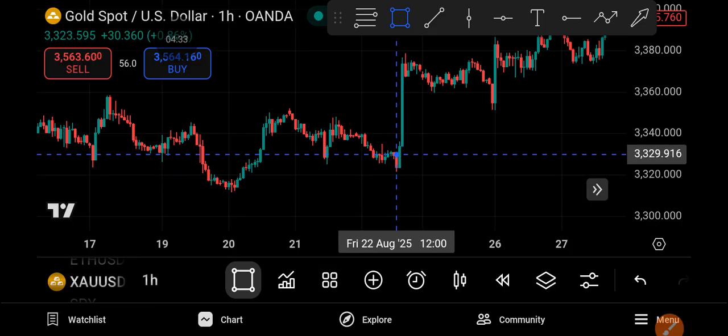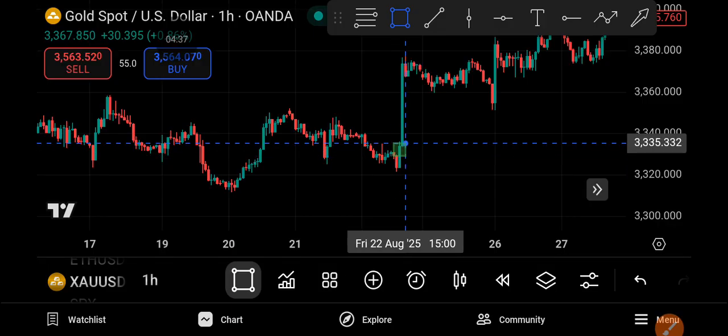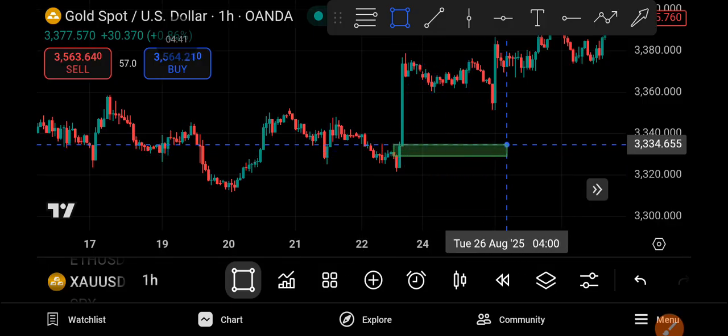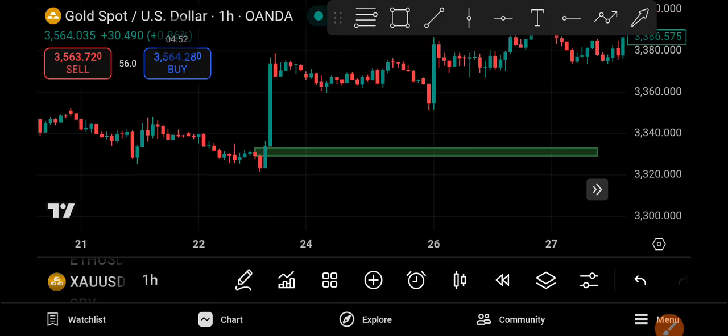It formed an imbalance. The first candle has to sweep liquidity, and then after sweeping liquidity, it forms an imbalance immediately.